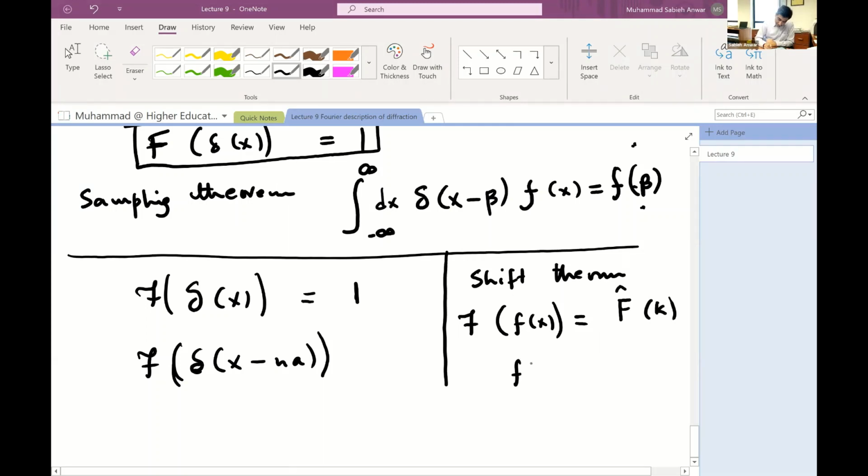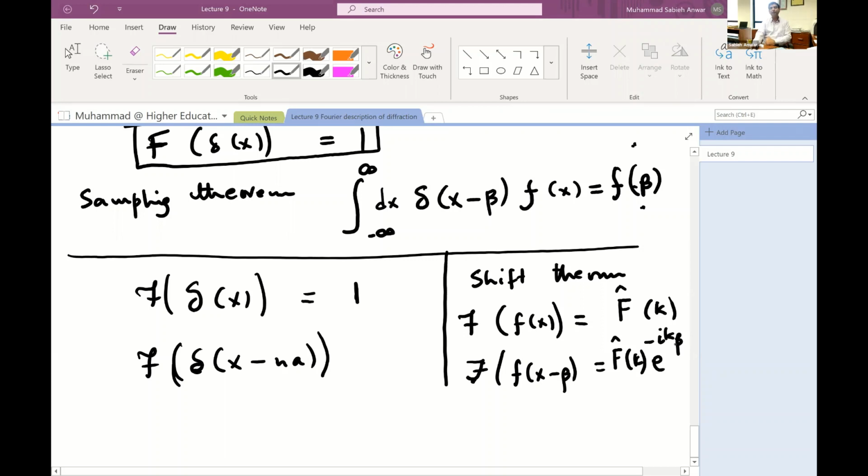If I were to replace x with x minus beta and I find the Fourier transform, then this would simply be the original Fourier transform multiplied with e^{-ikβ}.